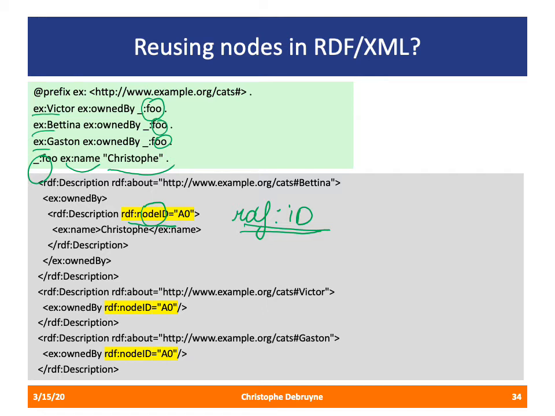Now, in this RDF XML example, we have described the same thing. We have a Bettina. Bettina is owned by something that has no identifier, but it's been given a node ID with the name Christophe, and then we can reuse that resource via its node ID to describe Victor and Gaston, their owners.